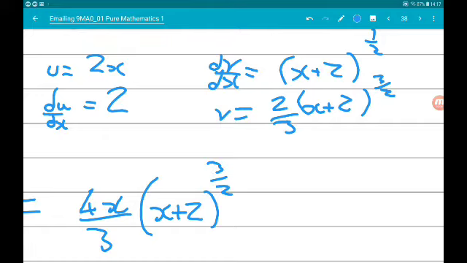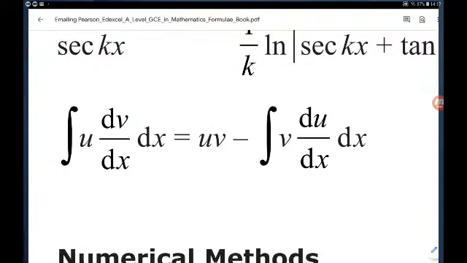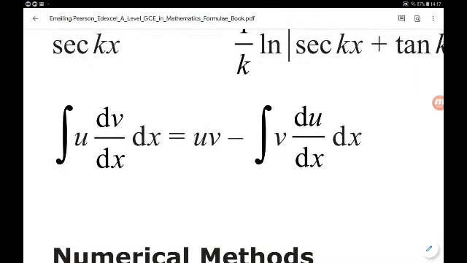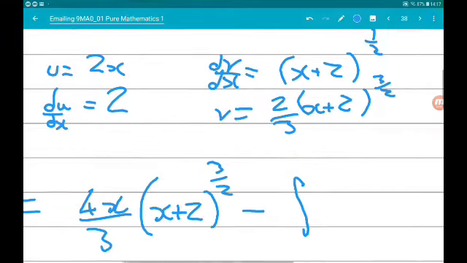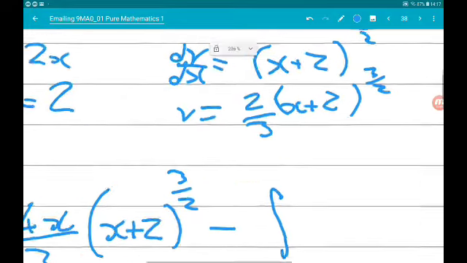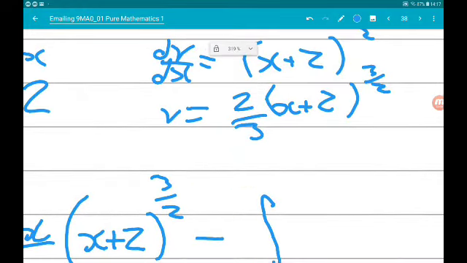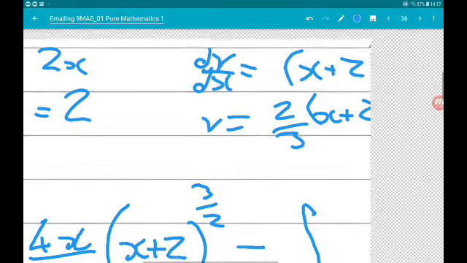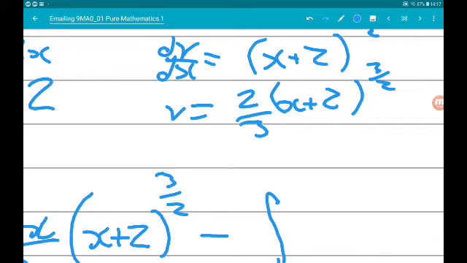and then it's minus the integral of v times du dx. So we got minus the integral of 2 times 2/3 x add 2 to the 3/2.